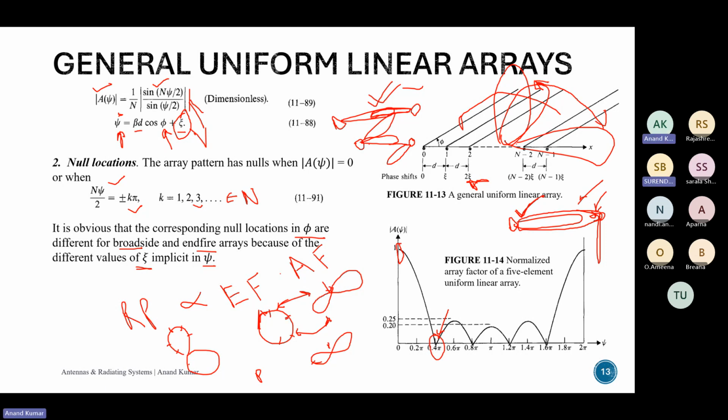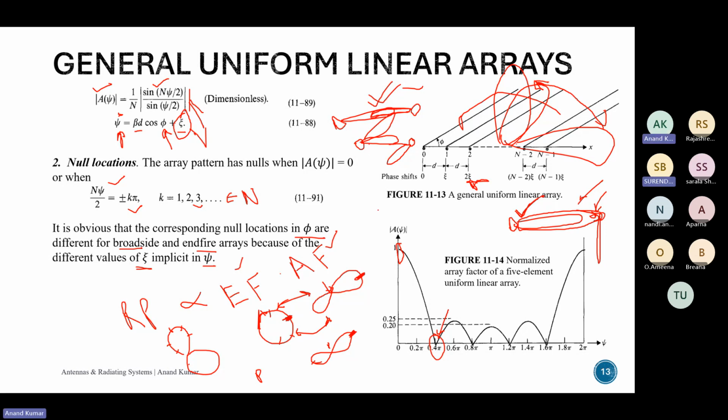If the element factor had a very high gain in this direction, and the array factor also had a high value over here, the product will mean that we have a higher gain over here. So based on the patterns from the array factor and the element factor, we get the final radiation pattern, which decides how much gain will be there in which direction. So it does affect the gain.